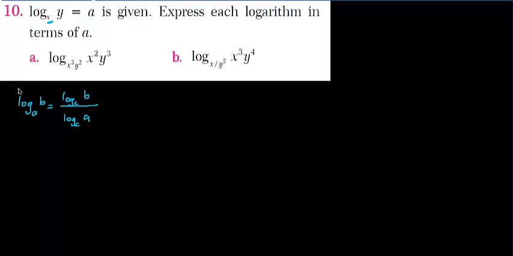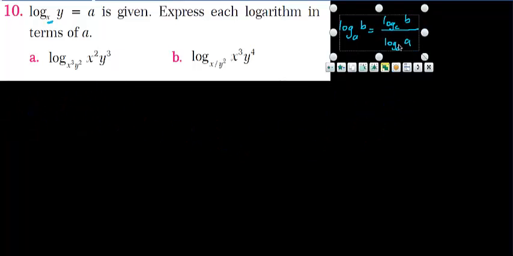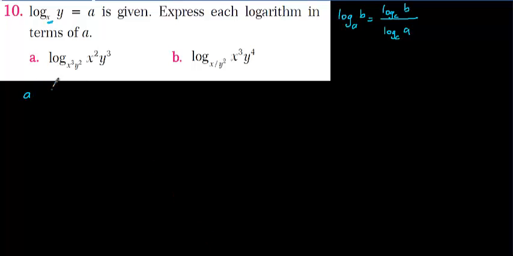And here I change the base of the logarithmic expression. Now this question is a changing-base question. For a, what is written as the argument should be the numerator, logarithm base x of x squared y cube, and the denominator should be logarithm base x of x squared times y squared.